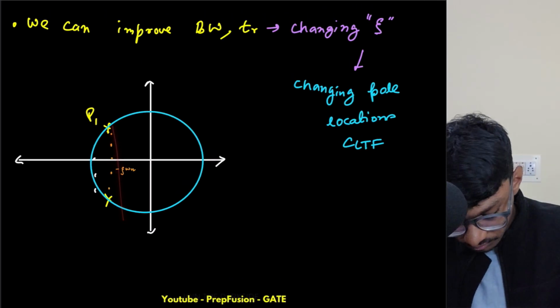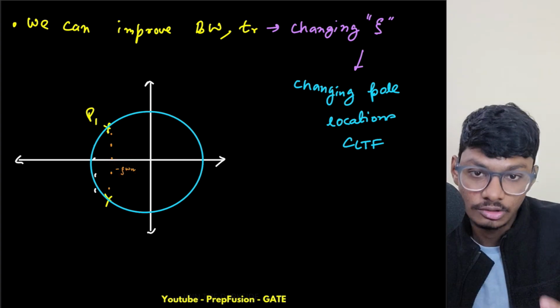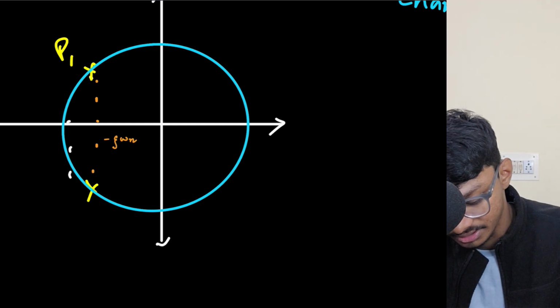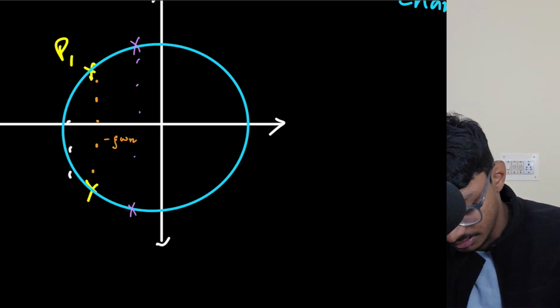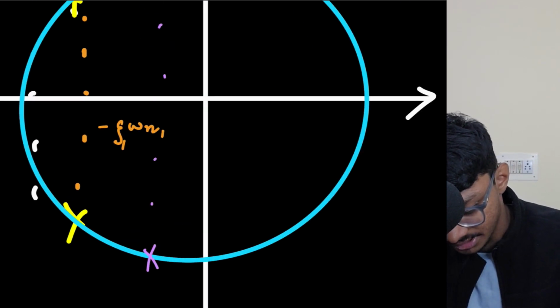This means that omega n is fixed. If I make this nearer to the origin, my zeta will reduce. So now if I shift the pole locations here, still under the same system, let's name this as zeta 1 omega n1, and this as zeta 2 omega n2.